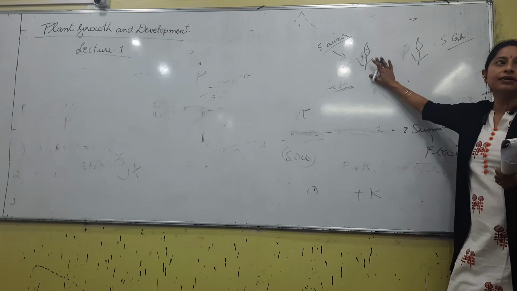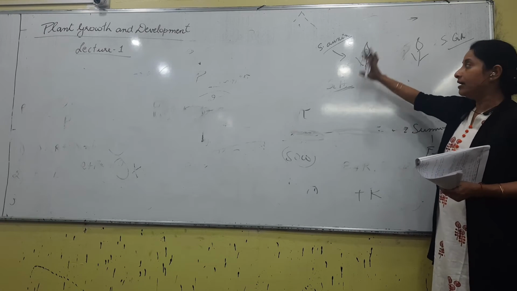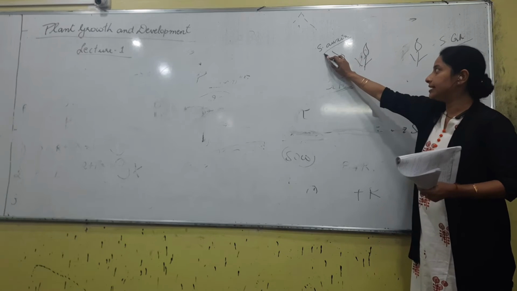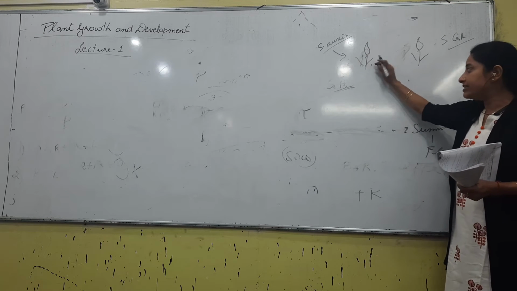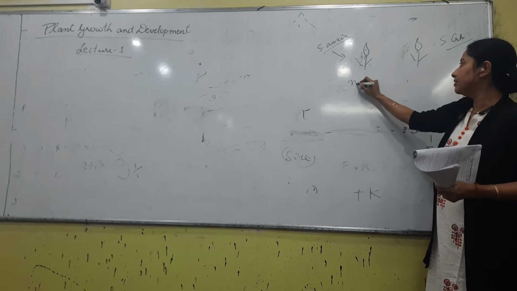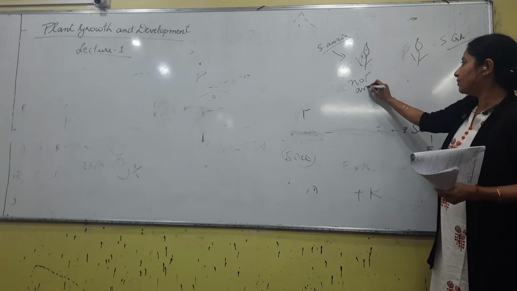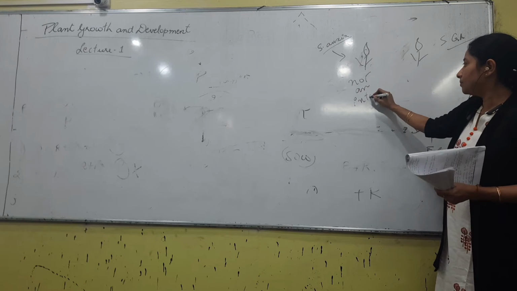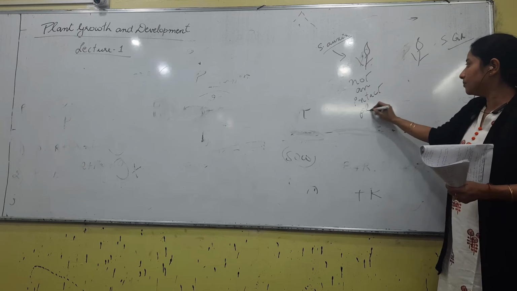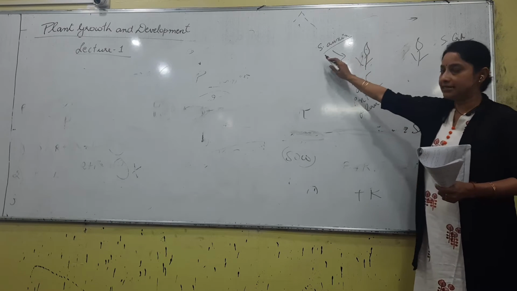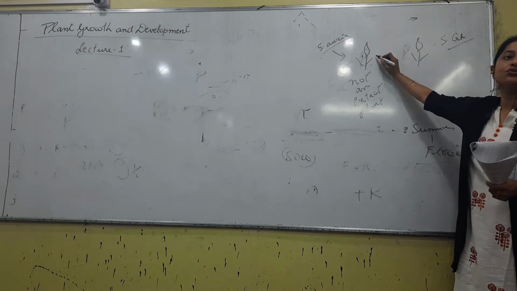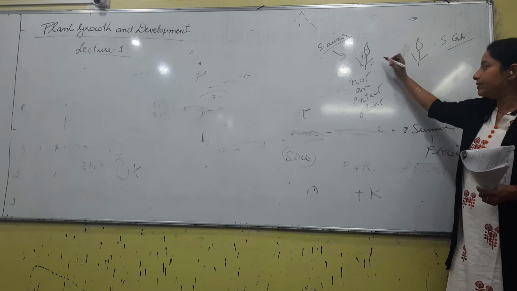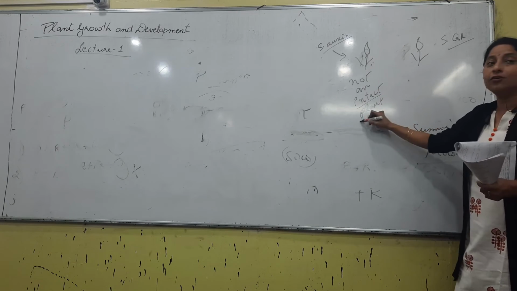You want something good, you want to increase the height, maybe, right? So if you give synthetic auxin to a plant, for this synthetic auxin to work in the plant, the plant should not be intact.